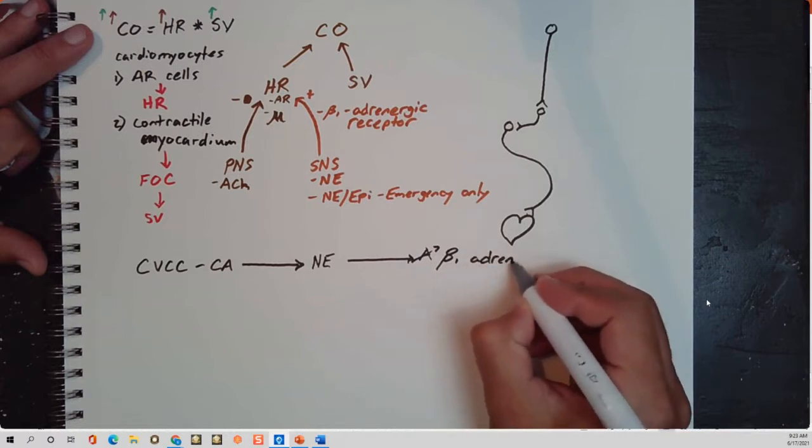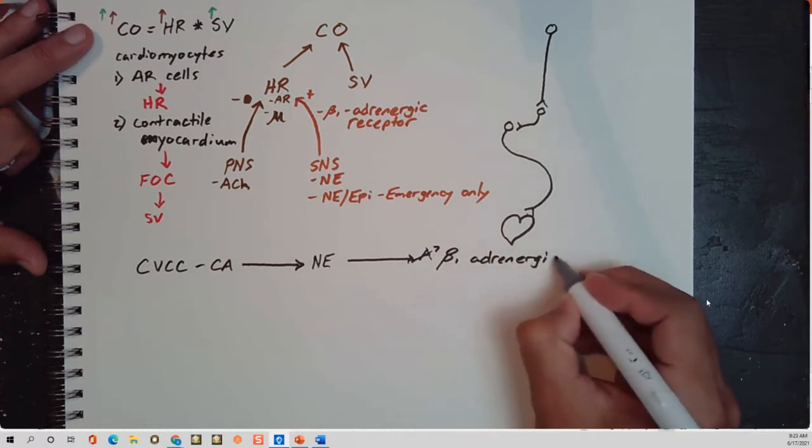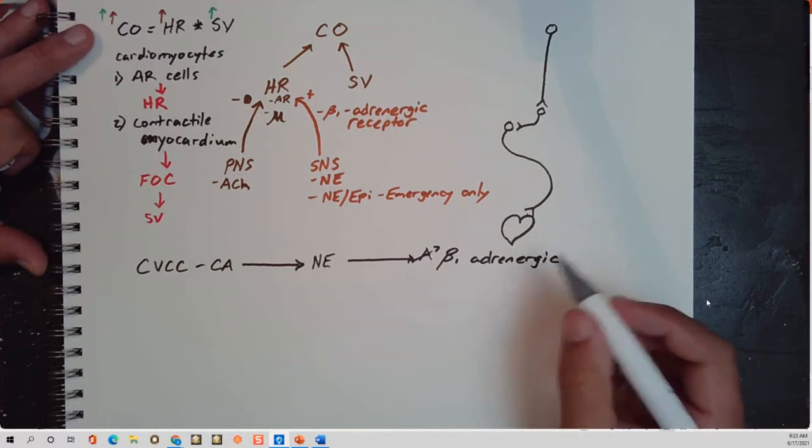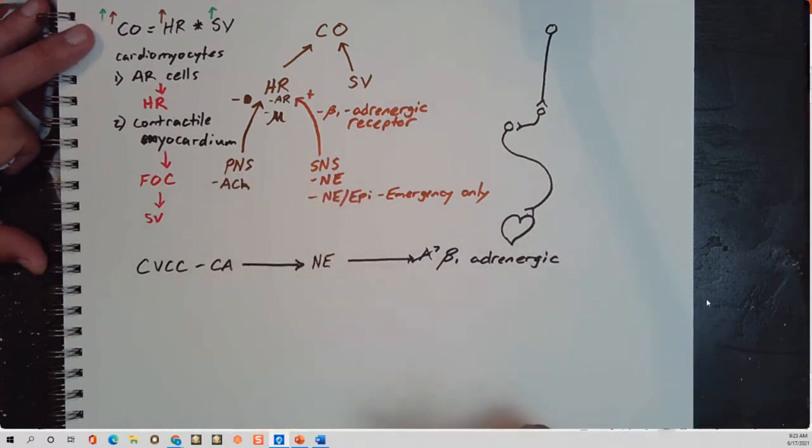But where did we find beta-1 adrenergic receptors? Do we find them just on autorhythmic cells, just on contractile myocardium, or both, everywhere? We find them everywhere, absolutely everywhere. So let's focus on one of those targets right now, as we're still reviewing yesterday's material, and say we're on the autorhythmic cells.